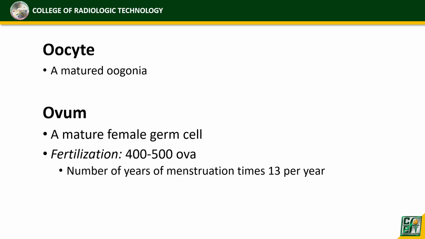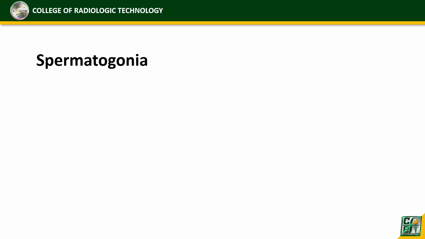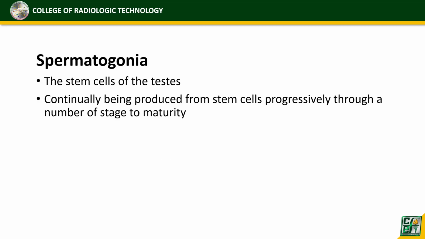Okay, so fertilization, 400 to 500 ova, the number of years of menstruation times 13 per year. So ito naman yung sa male germ cell.